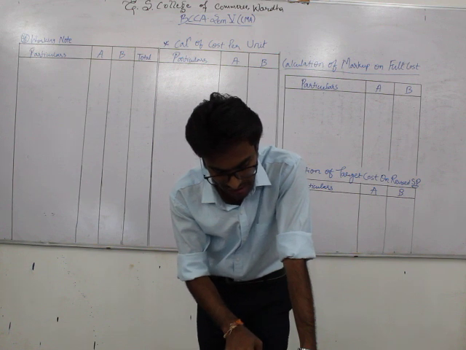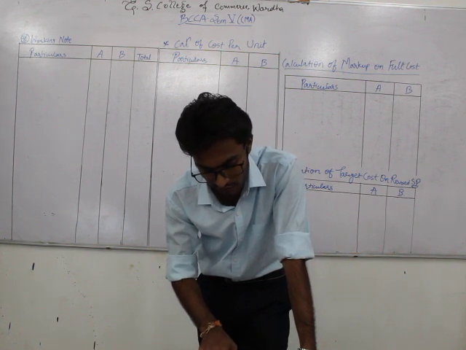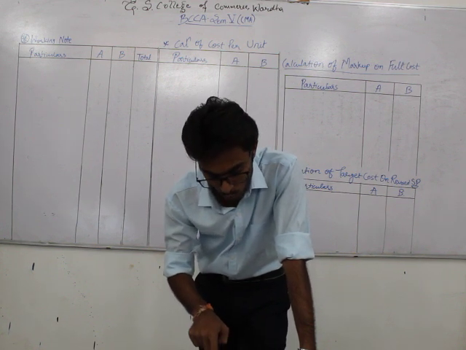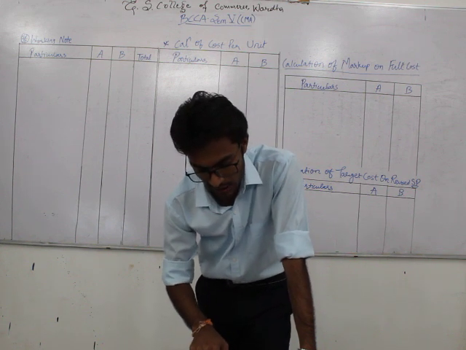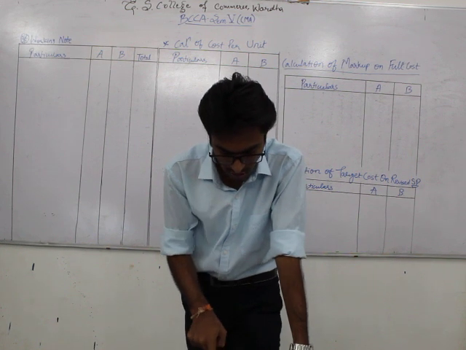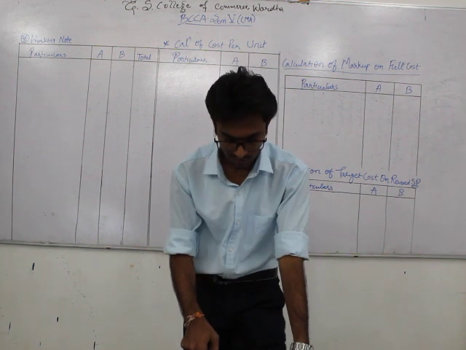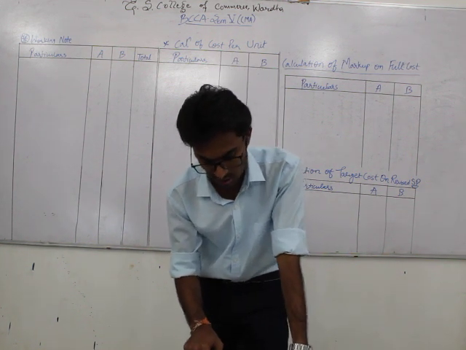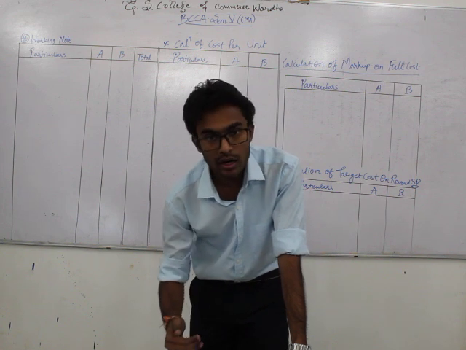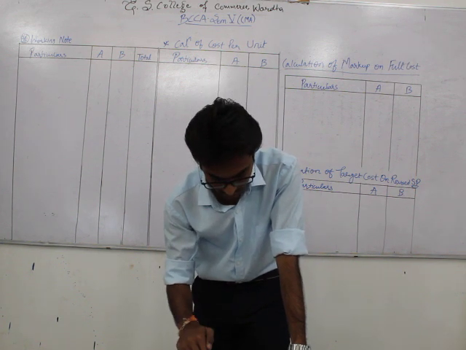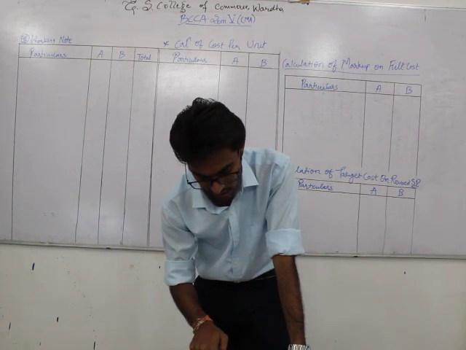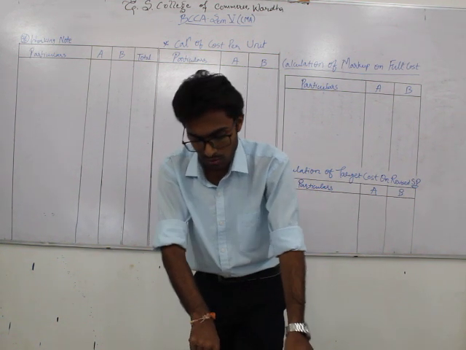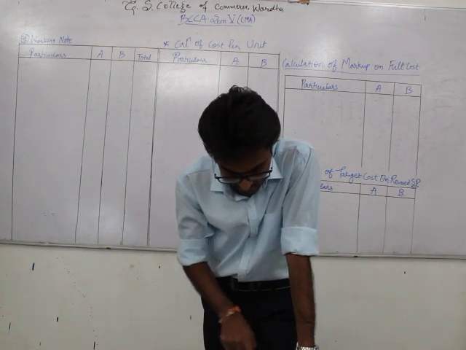Machine setup cost is 5,28,000, and the basis of allocation is setup time per batch. This cost is according to the setup time per batch, which will come in another part of this question. Testing cost is 21 lakh, and the basis of allocation is testing time per unit.